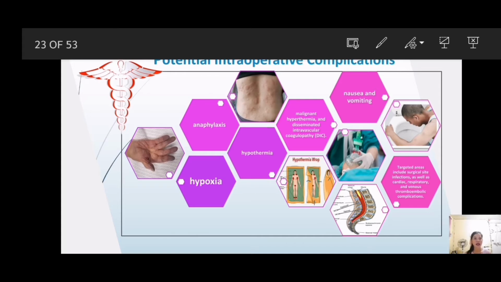Then malignant hyperthermia is called a pharmacogenetic disorder because the reaction is caused by specific drugs.